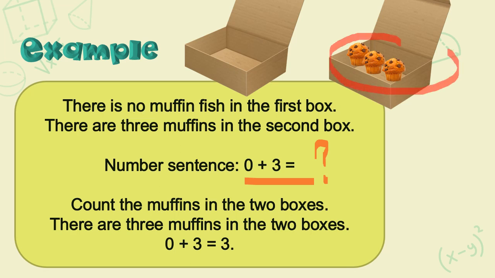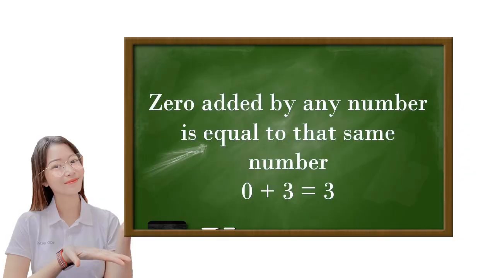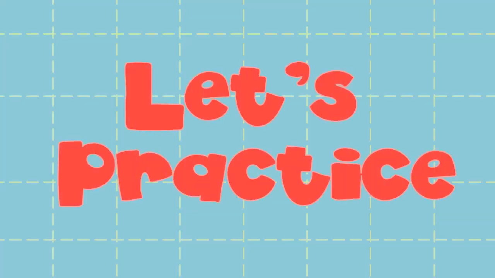There are 3 muffins in the 2 boxes. 0 plus 3 equals 3. Take note that 0 added by any number is equal to the same number. For example, 0 plus 3 is equal to 3. Let's practice.